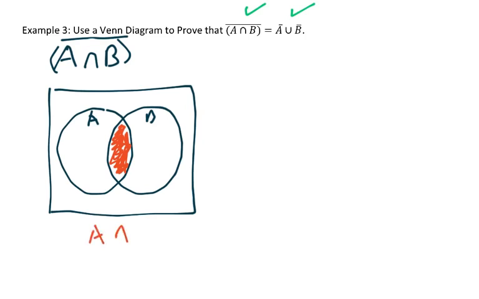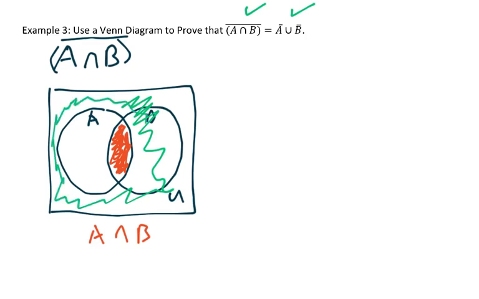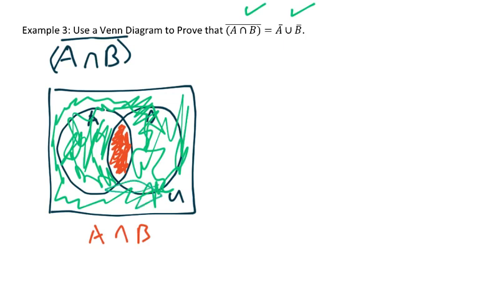A intersection B. The complement of that would be all elements of the universal set that are not in A intersection B. That would be everything else besides what you see in red there. That would be all of this. So everything we're seeing in green. All through here. All of this would be A intersection B complement. Everything except that little football shape in the middle.